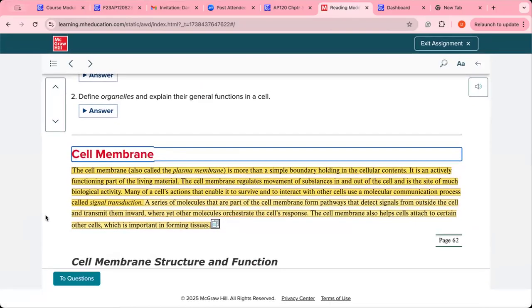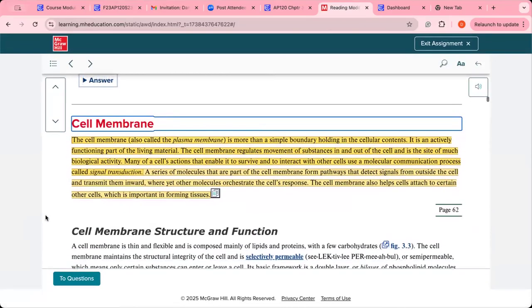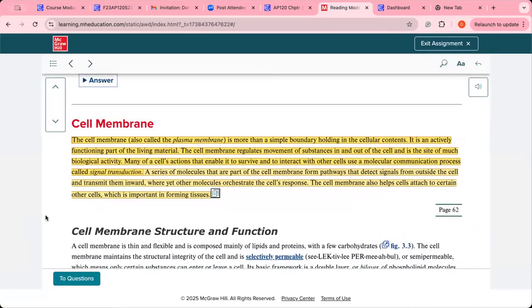Okay, so it's a boundary. It regulates movement of substances in and out of the cell. Many of the cell's actions that enable it to survive and interact with other cells use signal transduction.